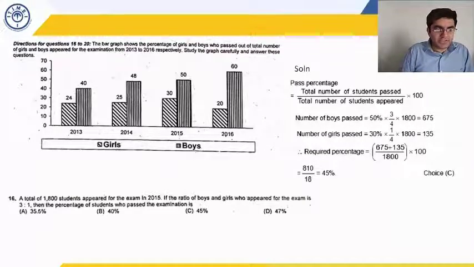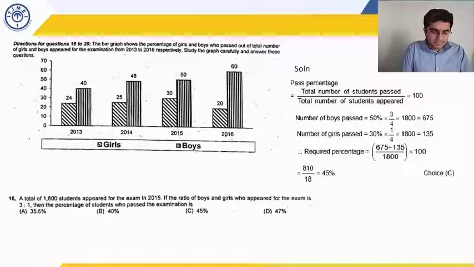Let the number of boys and girls be 300 and 100 respectively. Girls passed equal to 30% of 100, equal to 30. Boys passed equal to 50% of 300, equal to 150.